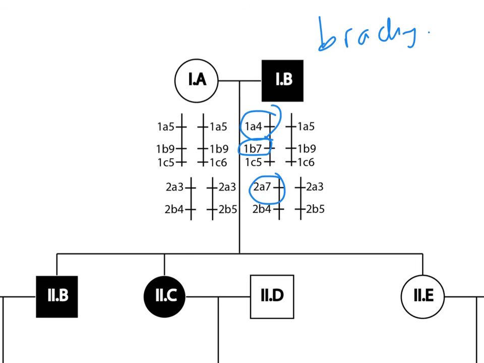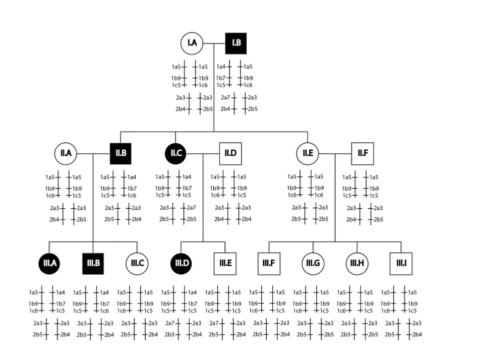So we've got locus 1A on chromosome 1, locus 1B, locus 1C, locus 2A, locus 2B. Okay, so if you move forward a slide, you can look at the full pedigree with everybody's genotypes. Your prediction is that either 1A4, 1B7, or 2A7 causes this disease.